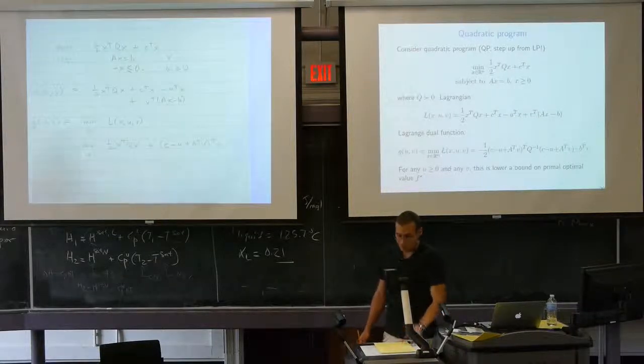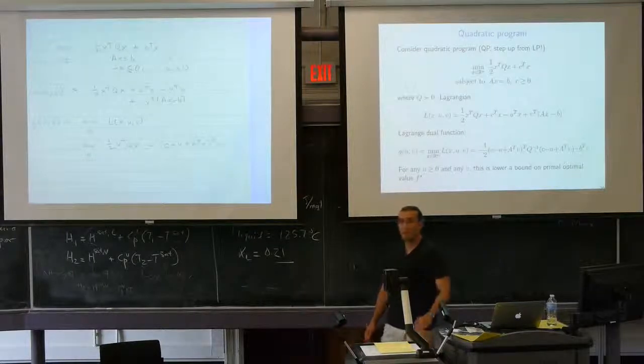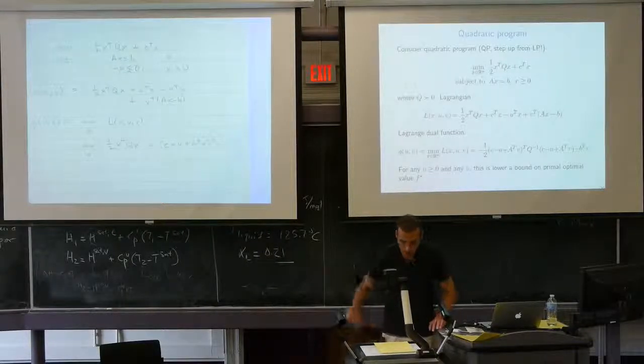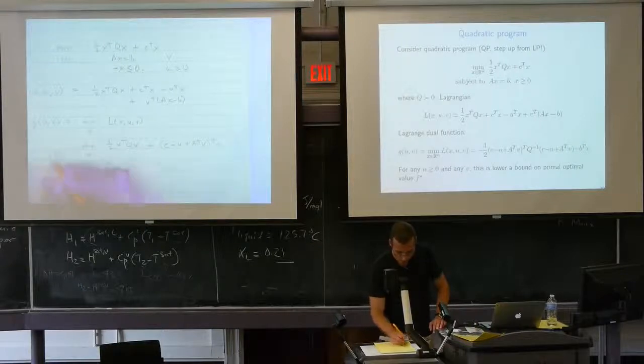So what's the minimum of this problem? I'll give you a hint. Go back to the case where it's just univariate, ax squared plus bx plus c.